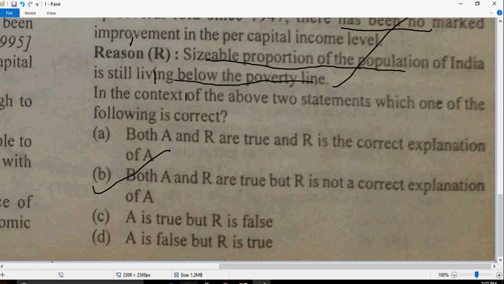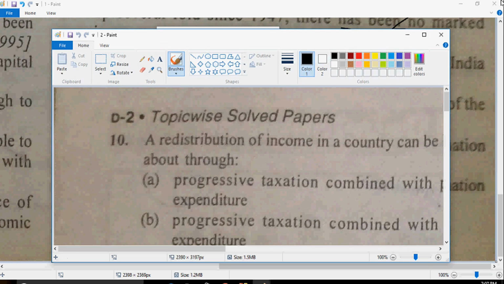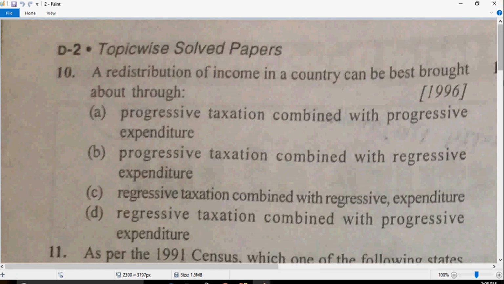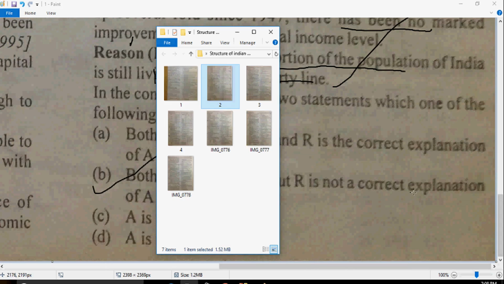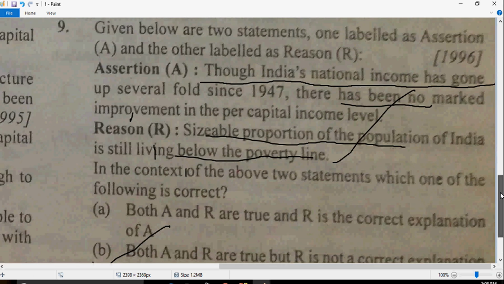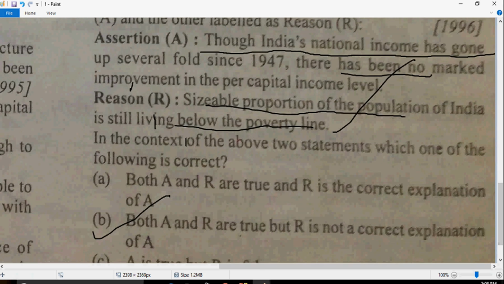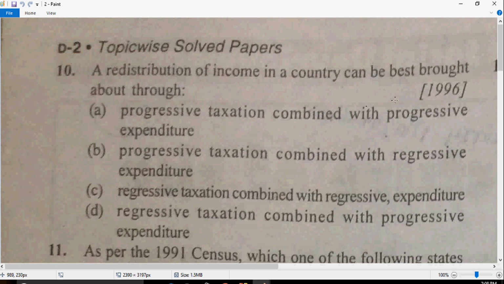Now let's take another question. Sorry for the delay. Let's take another question, number 10.